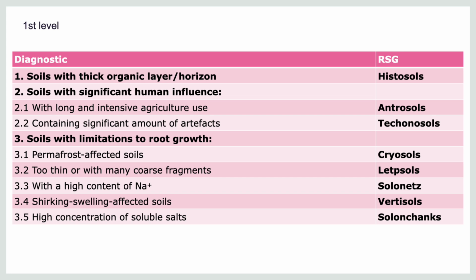We have some soils that are really thin and/or possess a high content of coarse fragments. These soils are called leptosols. Also, we can find some soils with a high content of sodium, exchangeable sodium, and we call these soils solonetz.